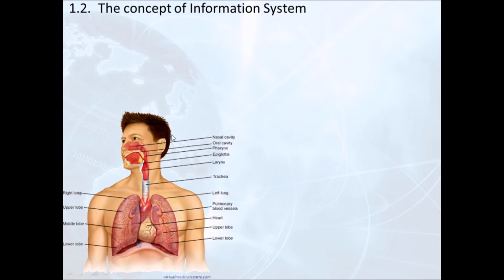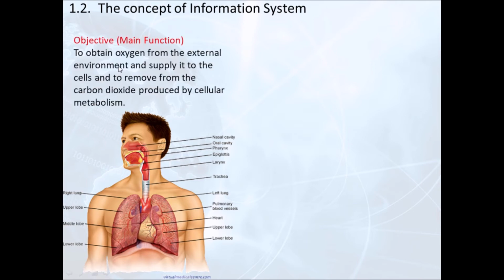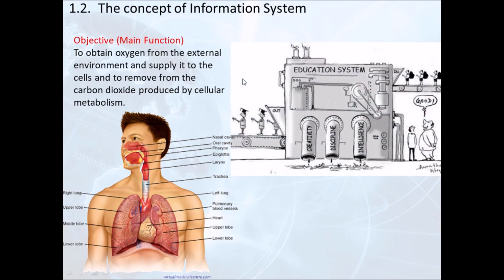Let's look at this system. It's a natural system, our respiratory system. It has an objective. Look at this. It obtains oxygen from the environment. When we inhale, when we exhale, the carbon dioxide produced in our body will be released. Now look at this system. This is the education system.